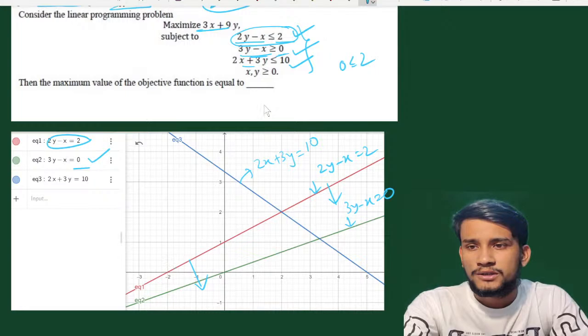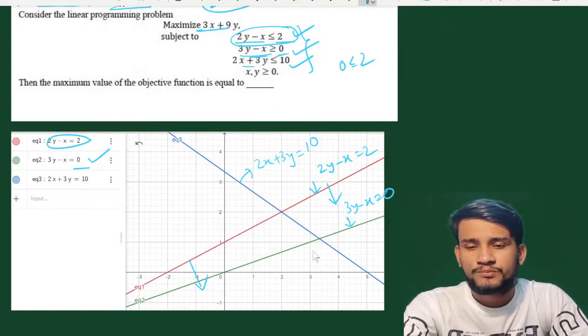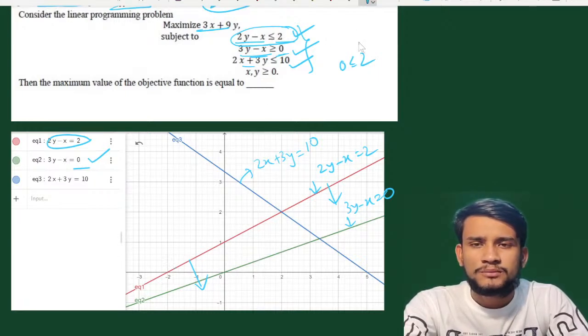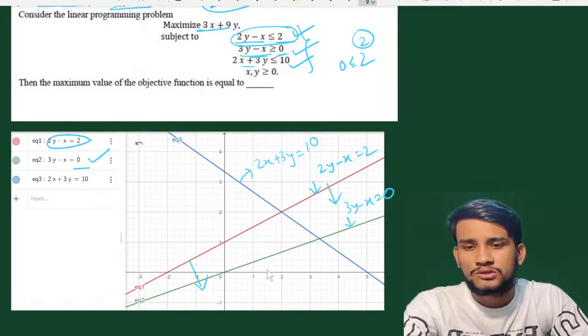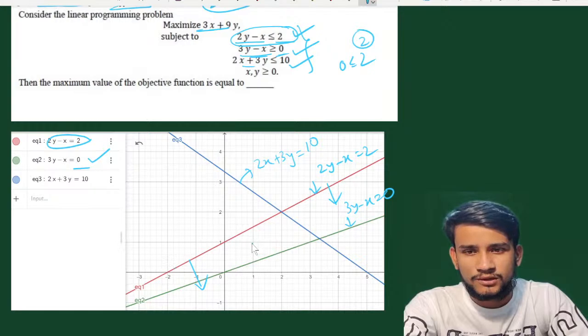Then 3 minus 1 is equal to 2, which is greater than 0, so it satisfies. The region is towards the point 1, 1.